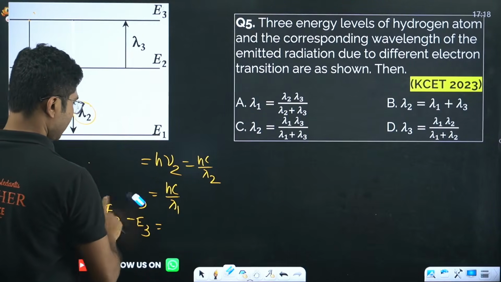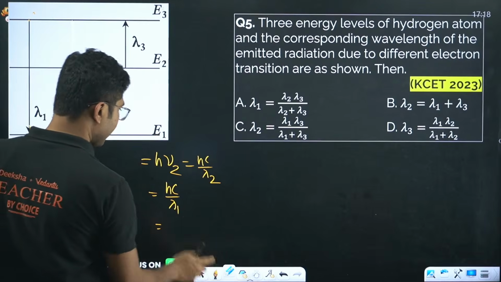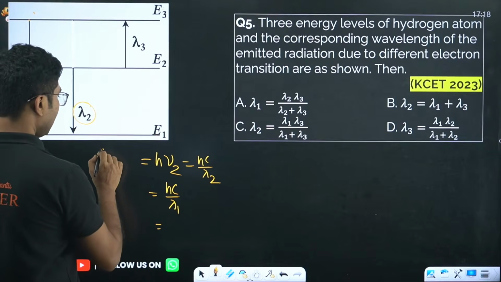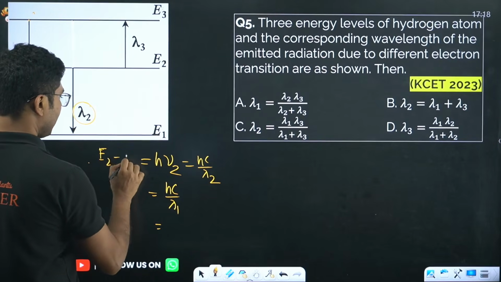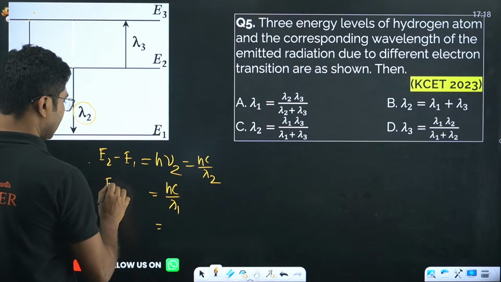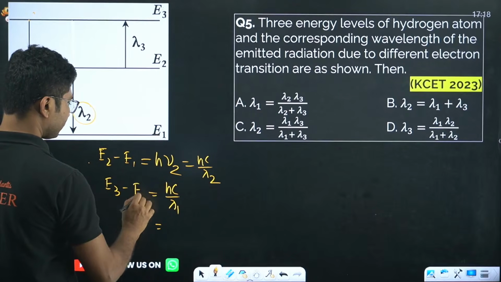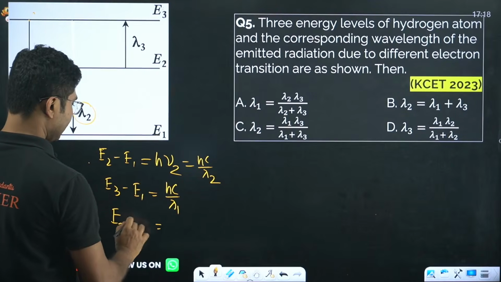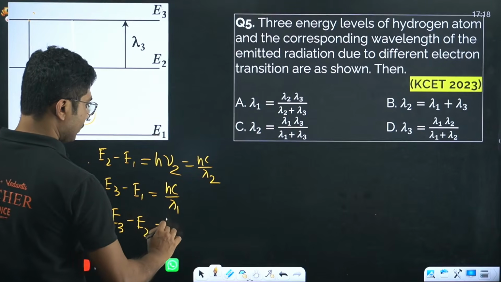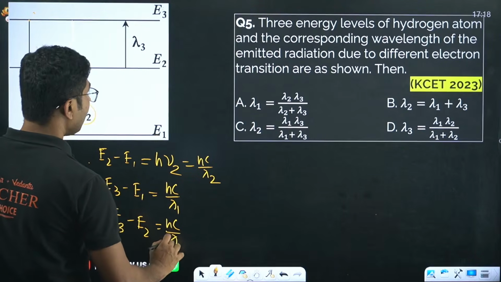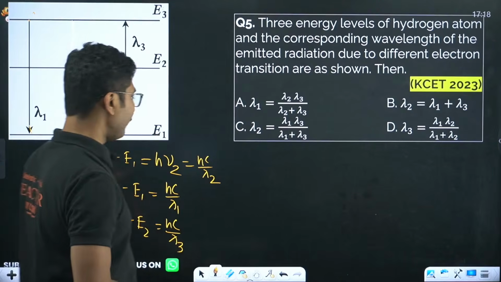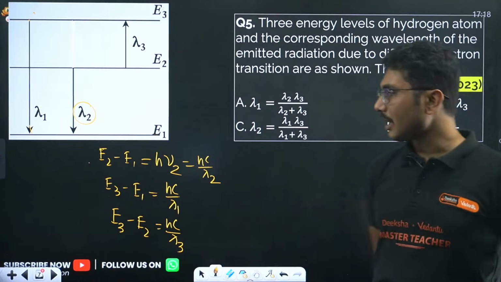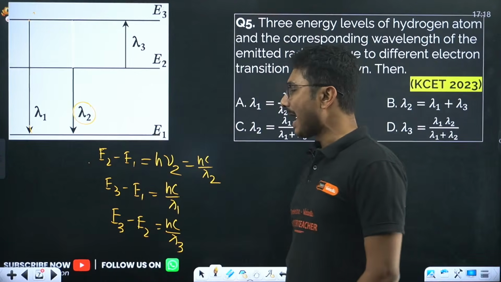So it will be higher energy minus lower energy, E3 minus E1 and E3 minus E2 equals hc by lambda 3. So now we have found the relationship between all these. Now we have to simplify these.